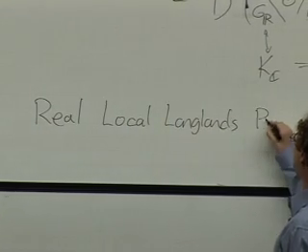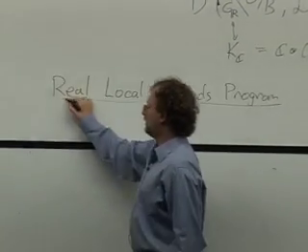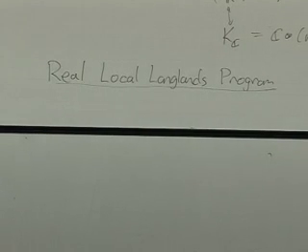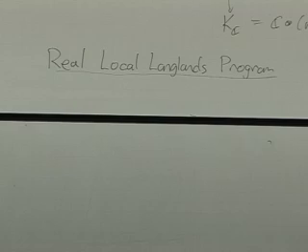So this is something that grew out of the original Langlands program for number fields. This is the local picture of the Langlands program for number fields at the place R. So we've kind of studiously ignored the number fields picture. But let me just say what are some features of the real local Langlands program.